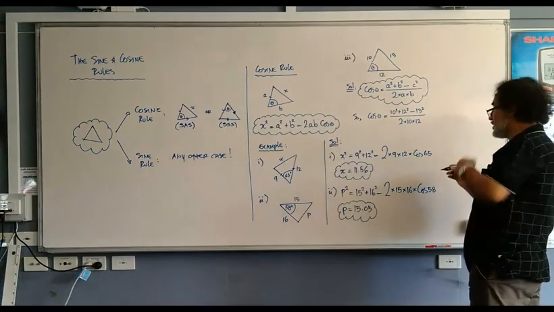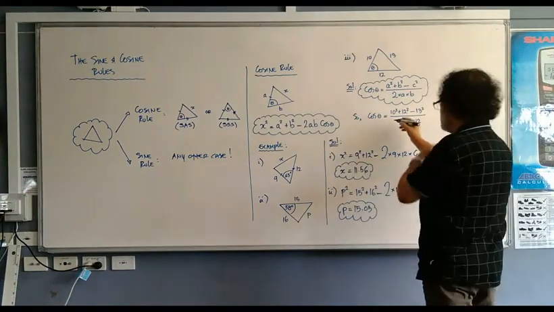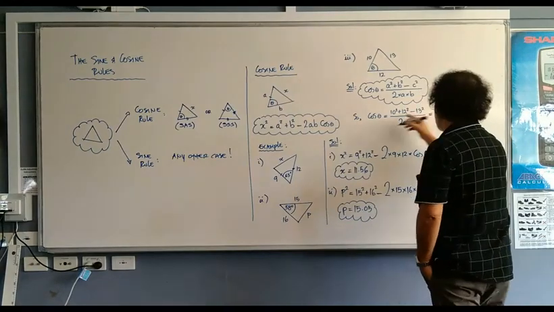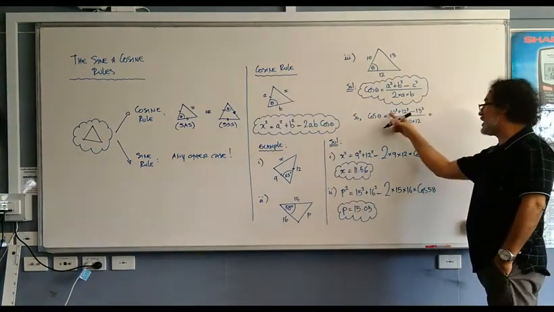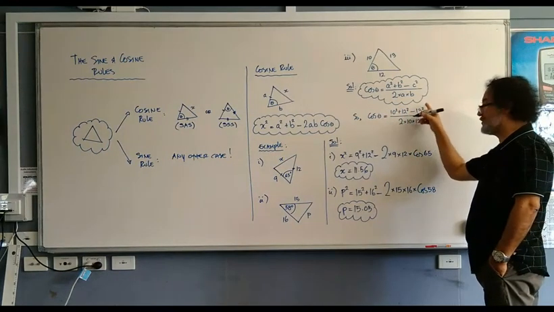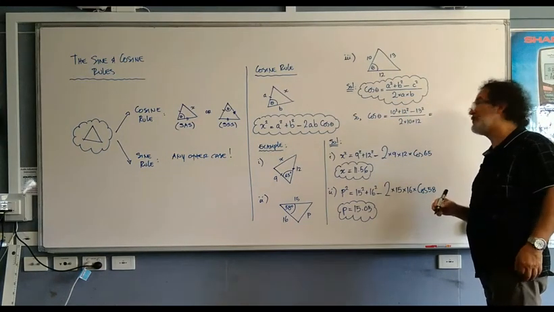Okay, at this point you've got to be careful. Just to make the calculation simpler, I want you to find the answer for the top line and the top line only. Okay, I want you to find 10 square plus 12 square minus 13 square. Can you please find that for me?